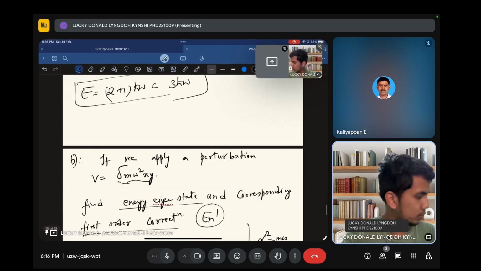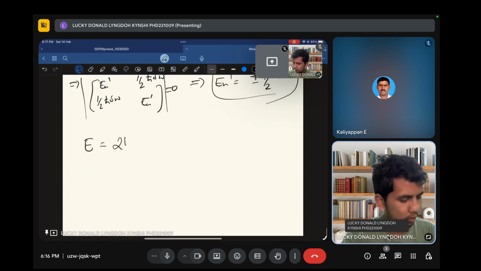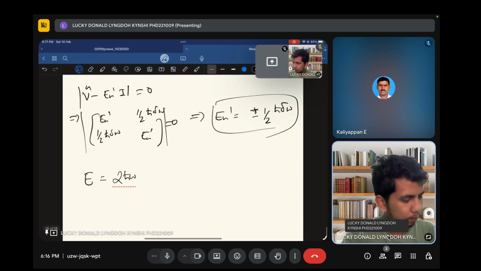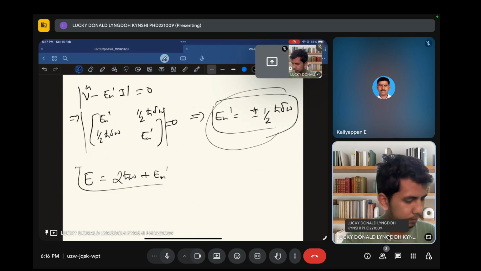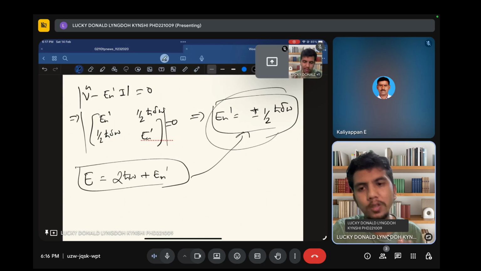So you will get twice h cross omega, and then plus this term, plus E n 1. Your E n 1 is equal to plus minus half of h cross delta omega. So you will see that other than the original energy term, you also have to add one more correction which comes from your correction term.